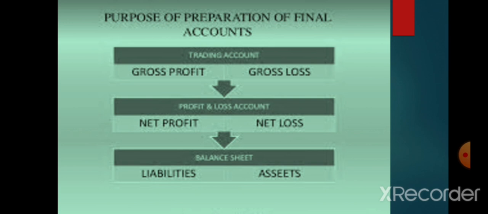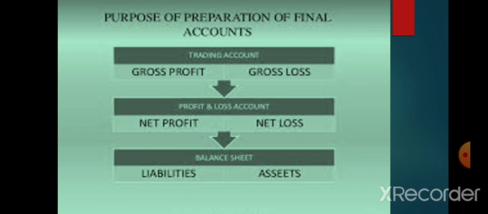And finally, last but not least, the general public or society at large will know the stability of the business organization and its contribution to society. So these are the reasons why different parties involved in the organization, directly or indirectly, require the financial statements of the organization, and hence it is necessary for any organization to prepare the final accounts.